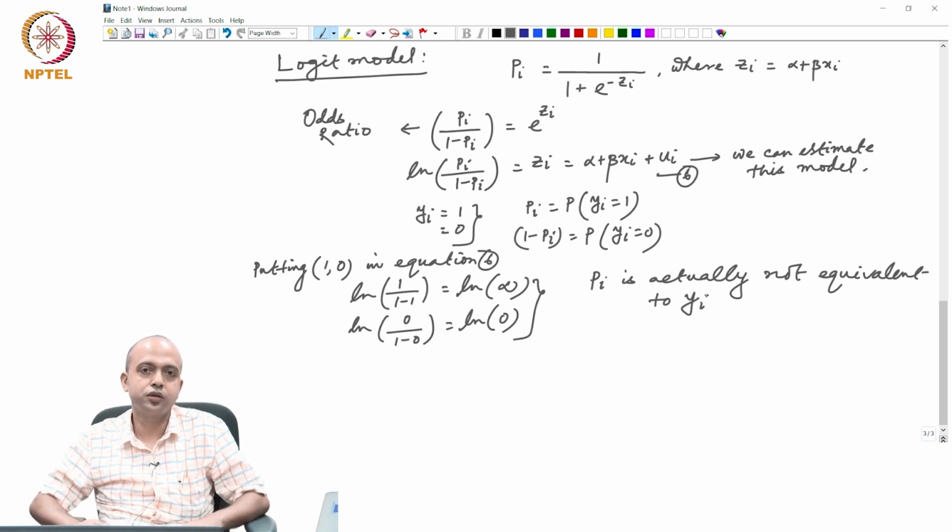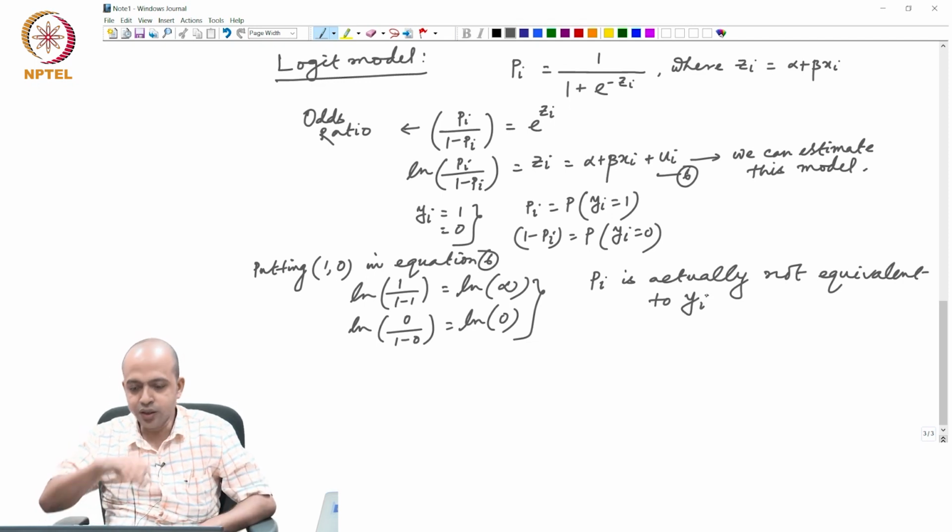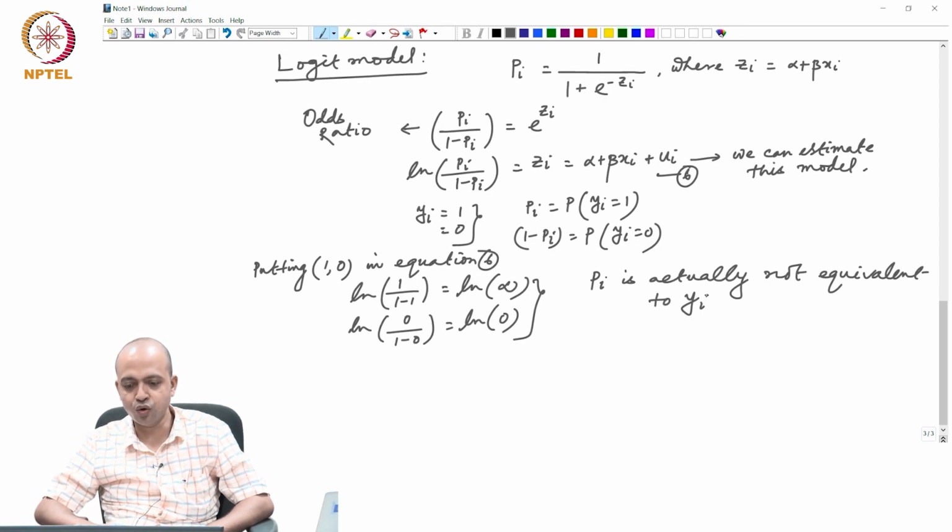So that is why in this model we cannot use the OLS method, because we do not have information on the dependent variable itself. We cannot put 1 and 0 here and estimate the model.